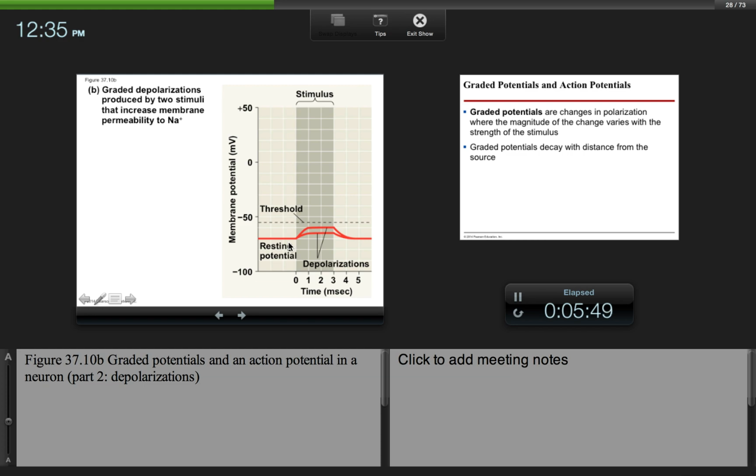In this case, you have a stimulus that increases membrane permeability to sodium. So sodium will go into the cell. Sodium is positively charged, so when it goes into the cell, it makes the membrane potential less negative. So we are approaching this threshold number.